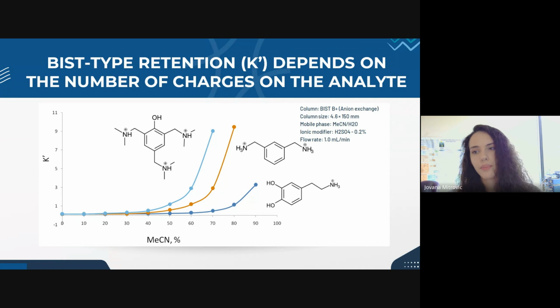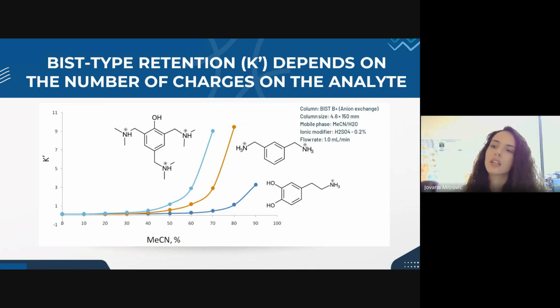An important property of BIST is that retention is tunable based on the charge of the analyte. The more charges the analyte carries, the stronger it interacts with the bridging ions and the longer it's retained. For example, a molecule with 2 or 3 charges will form a stronger bridge with a stationary phase than a molecule with just 1 charge under the exact same conditions.